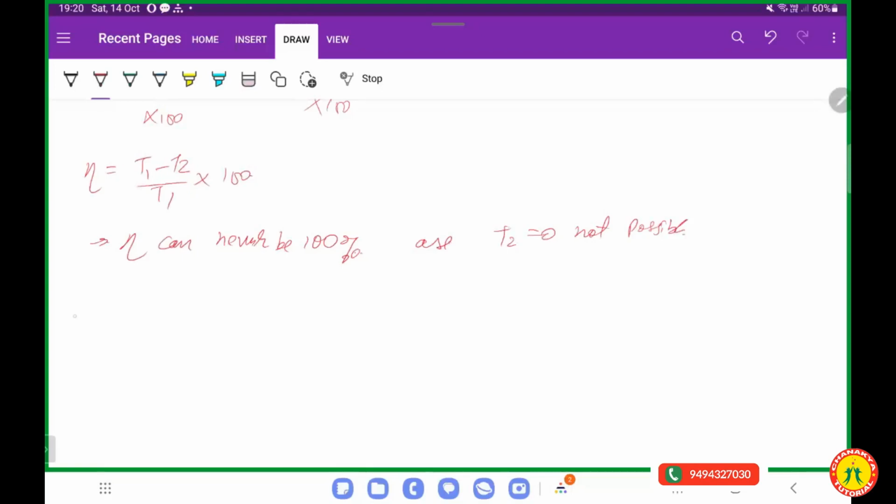So for Carnot cycle, Q2 by Q1 equals T2 by T1. If you can't remember it this way, you can remember it like this: Q2 by T2 equals Q1 by T1. I'm just replacing these two.